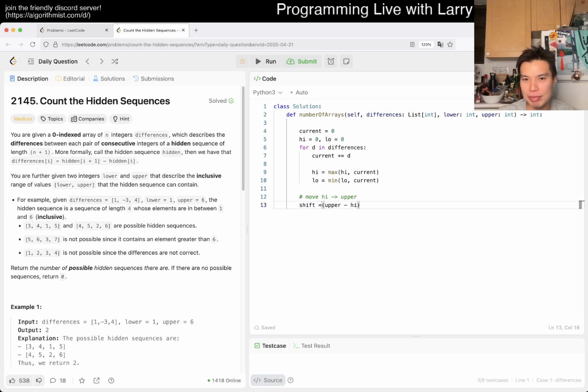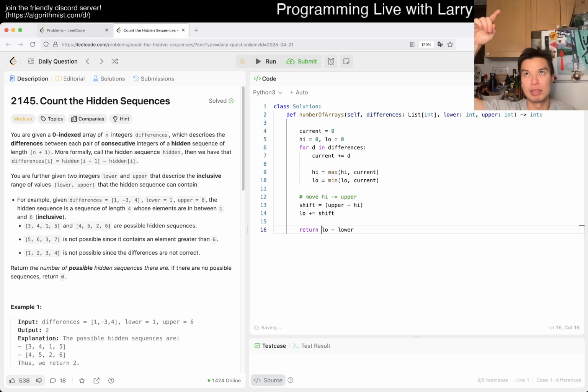So this is the shift. Then we have to shift all the other coordinates. In theory, you can move all the points, but for this problem you only care about two points, the high and low. So here we shift low, and now we have to find out how much gap we have. So it's going to be low minus lower, and that should be the answer.